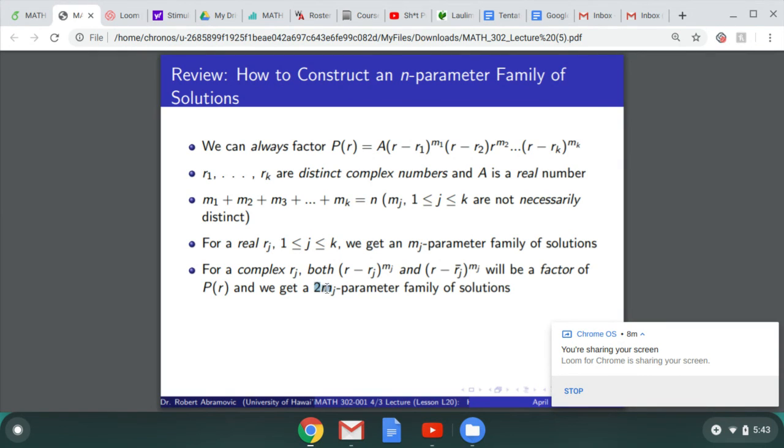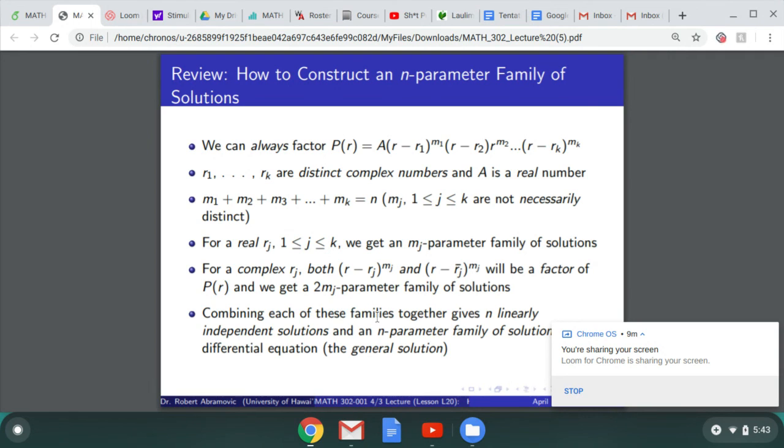So notice when rj was a repeated real root, repeated mj times, we get an mj parameter family of solutions. If we have two roots, each of which repeats mj times in the form of a conjugate pair, we get a 2mj parameter family of solutions.